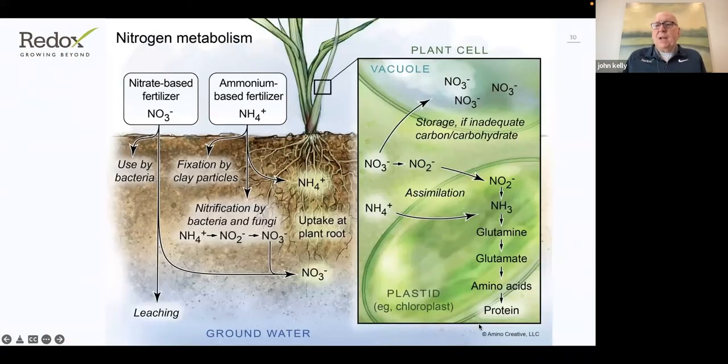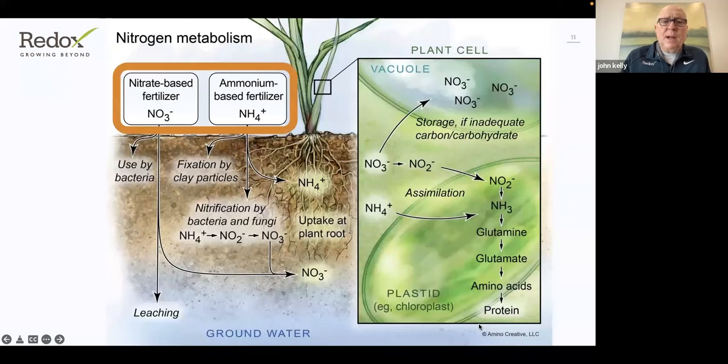Before we talk about nitrogen efficiency and some methodology for improving it, it's important to understand the whole process. First of all, it does not matter what form of nitrogen is applied to the soil, whether it's a nitrate form or an ammoniacal form.